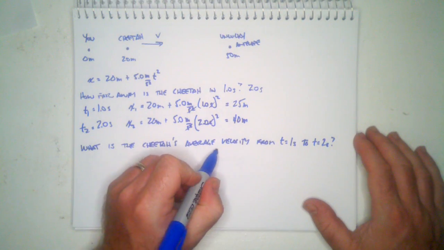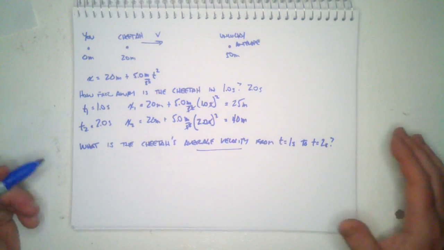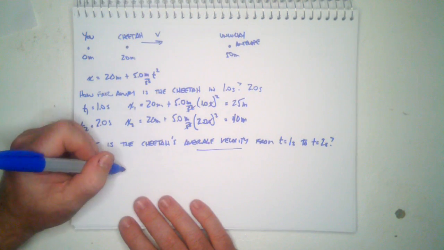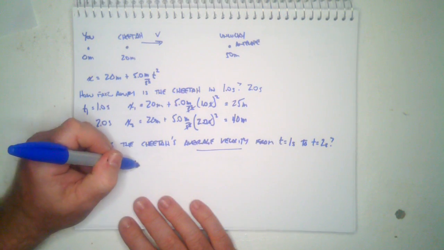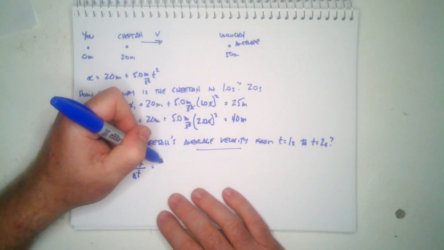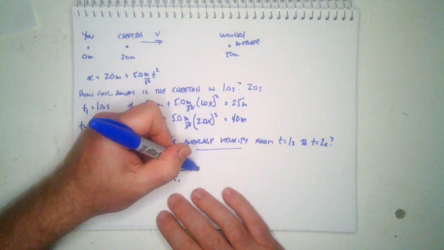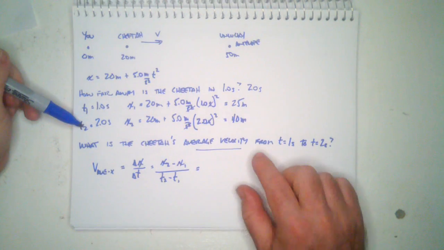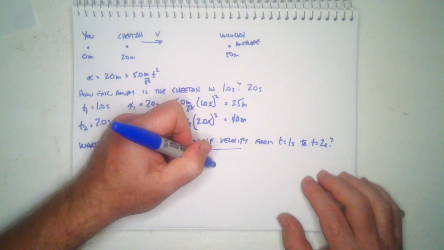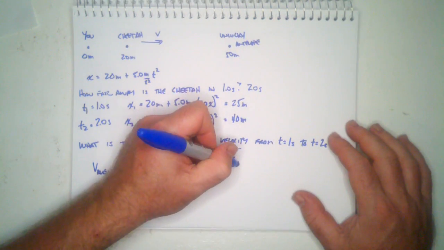What's the cheetah's average velocity from t equals 1 second to t equals 2 seconds? Well, that's easy enough to do because we know average velocity in the x direction equals delta x over delta t. Well, we know from up here it's going to be x2 minus x1 over t2 minus t1. And x2, we discovered, is 40 meters. x1 is 25 meters.